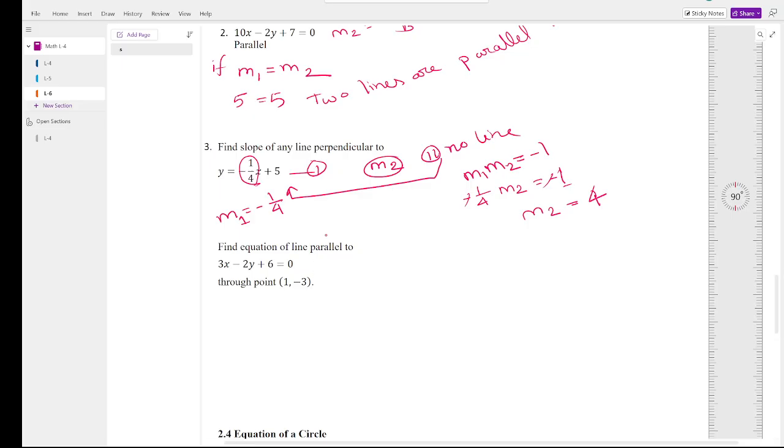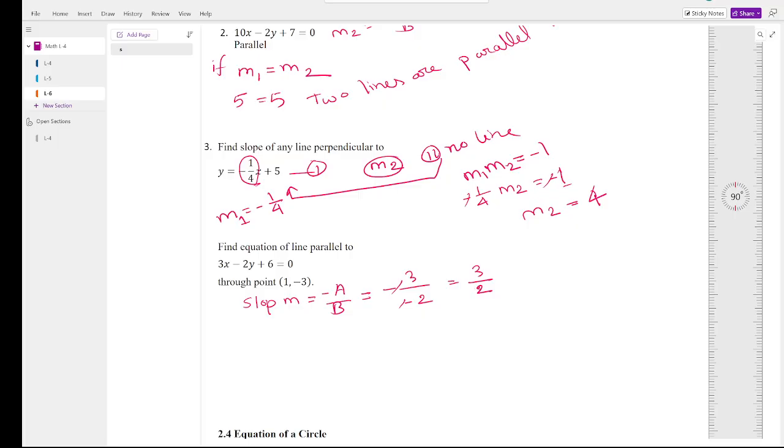The first step is the slope. Slope m equals minus a by b, because this is in general form, so it is easy to find the slope. What is a? This is a. What is b? It is minus 2. So the slope is 3 by 2.